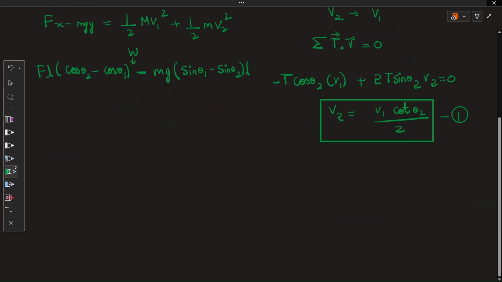Now let's apply these two relations in this equation.